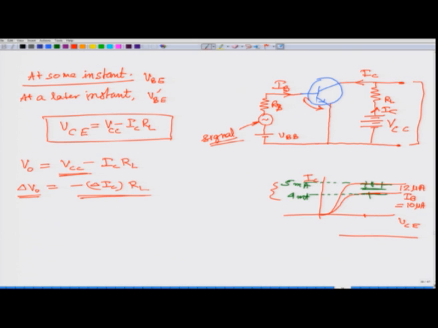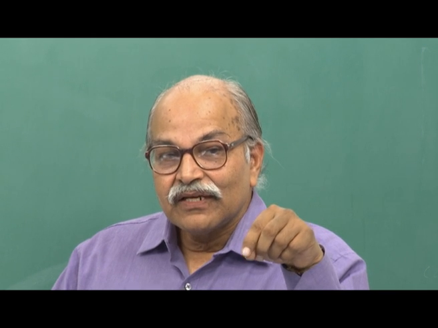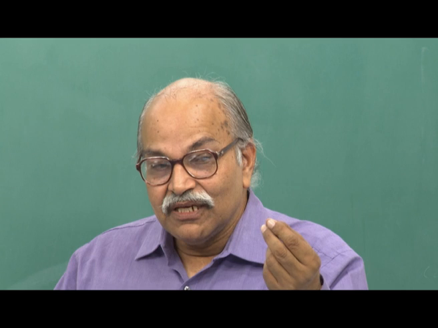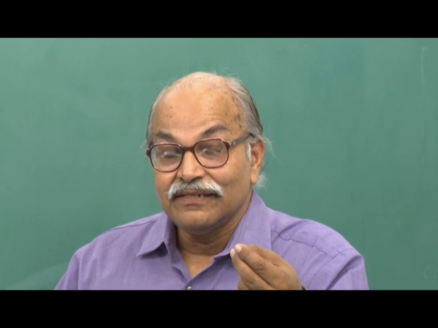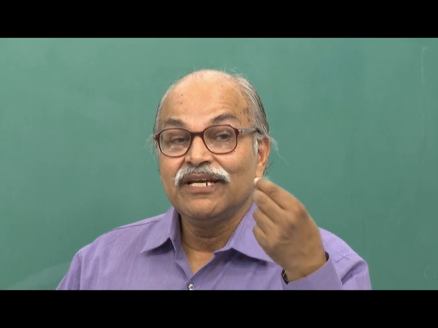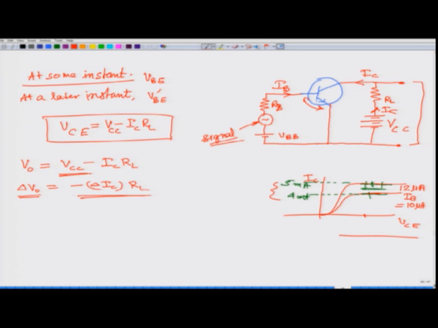So, a small change on this input side because of the signal is creating some change in IB, and then that is creating a much larger change in IC, and therefore a much larger change in the output voltage, which is now minus delta IC RL.